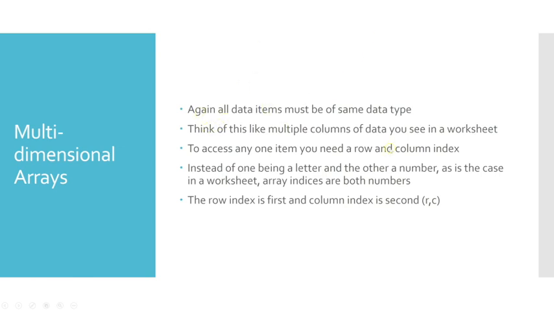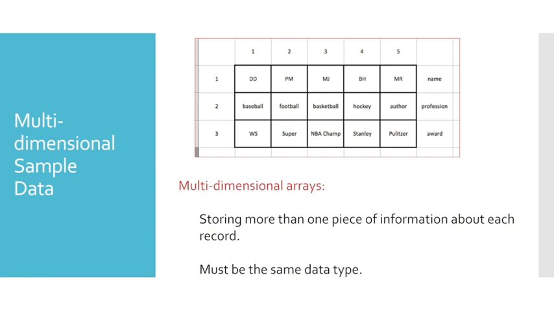Basically they function the same way, with the same principles as a single dimensional array. The difference is we need multiple indices: one for the row and one for the column. We've been doing things like this with the offset and the cell, so hopefully you're comfortable with this kind of notation. We just also apply it to arrays.